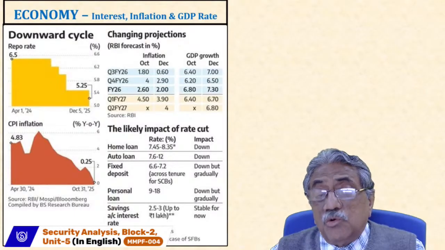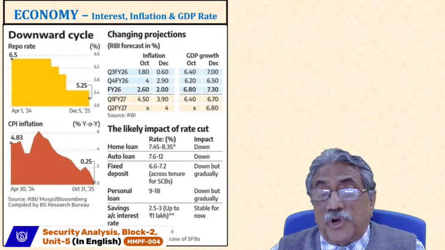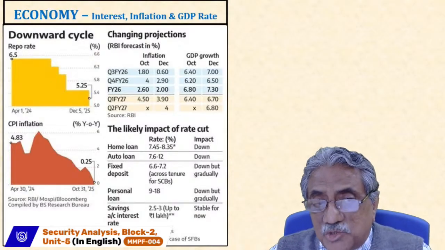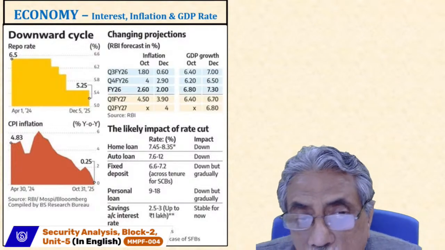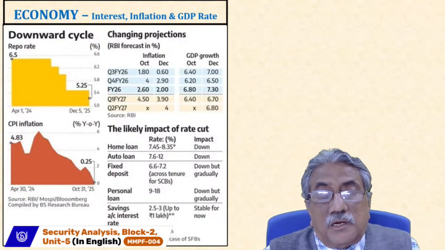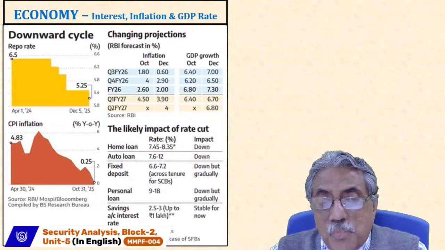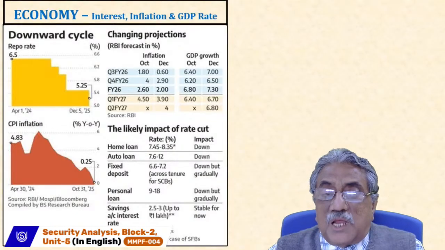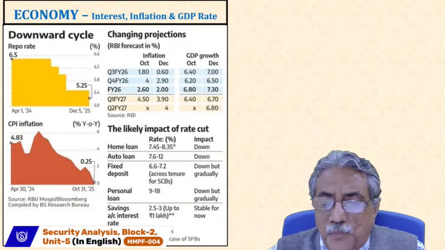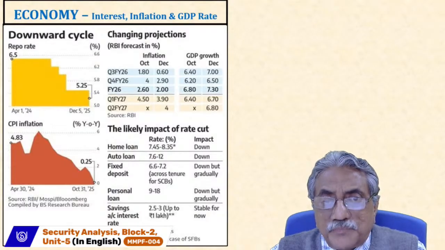So now the inflation rate is more or less within that corridor. It is 3.9, 2% throughout FY26. So it is at the lower end of the government mandated target. So this is RBI's forecast, which is quite reliable.